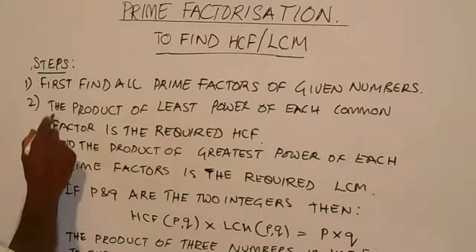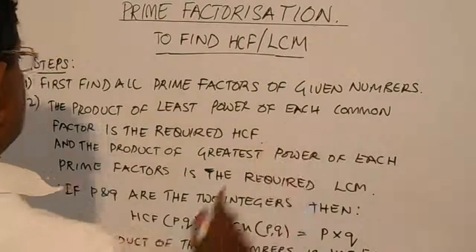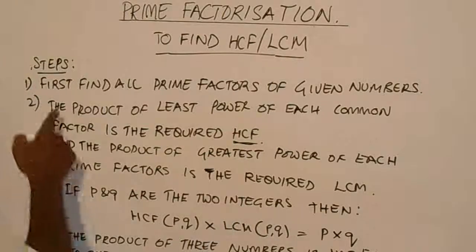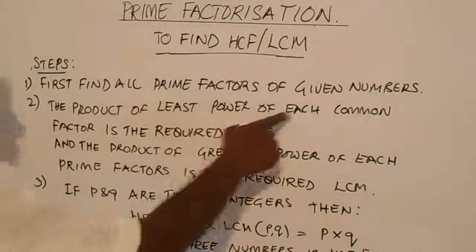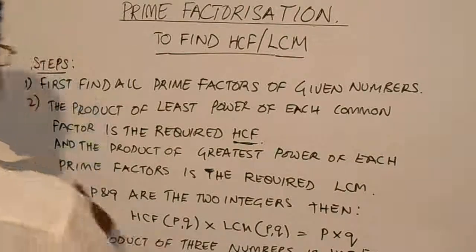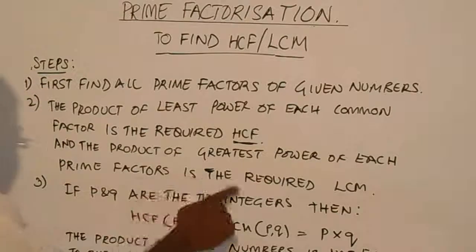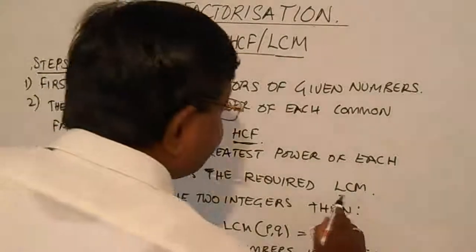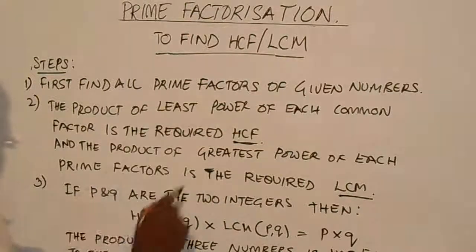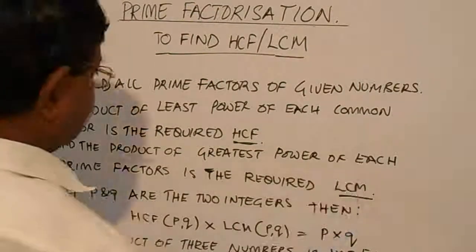Step 2 is the product of the least power of each common factor is the required HCF, and the product of the greatest power of each prime factor is the required LCM. Least power is the HCF and greatest power is the LCM.